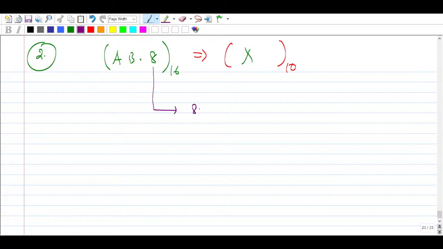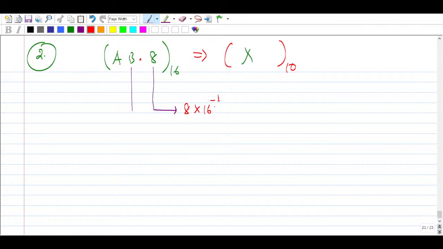8 into 16 to the power... but this is one, again, very big mistake we are making. What you have to understand is, you can see here there is a fractional part. So what you have to do is take this digit and write it into the power minus 1.